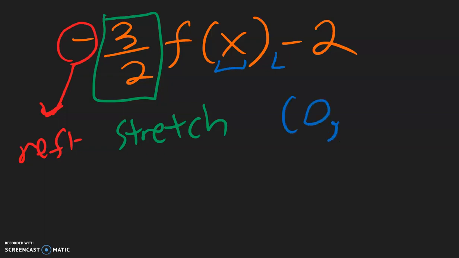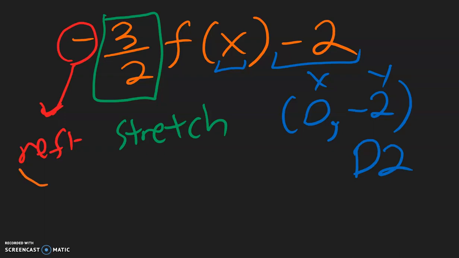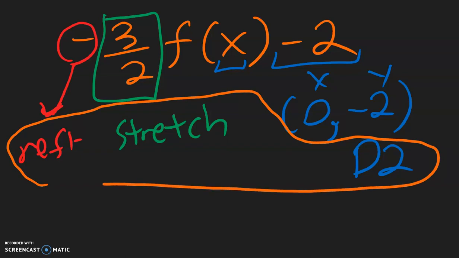And outside we have this -2. So -2 over here, x and y. So a negative in the y direction tells me that this is going down 2 spaces. And so here's our answer. Got reflected over the y-axis, got stretched by 3/2, and got moved down 2 spaces.